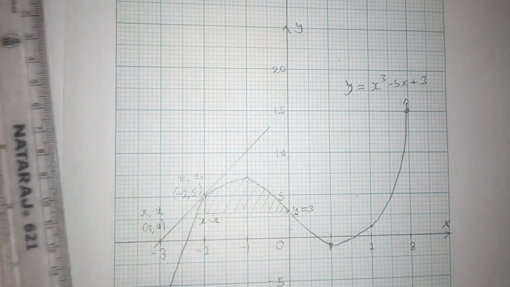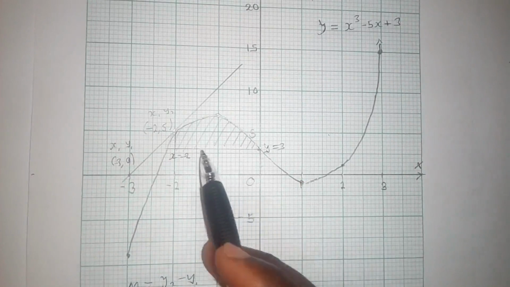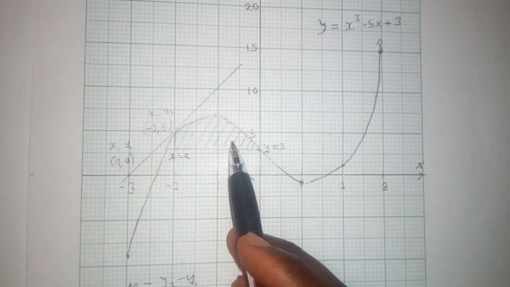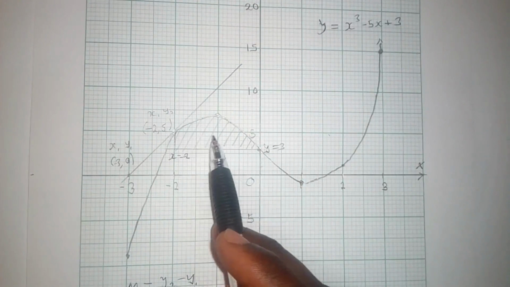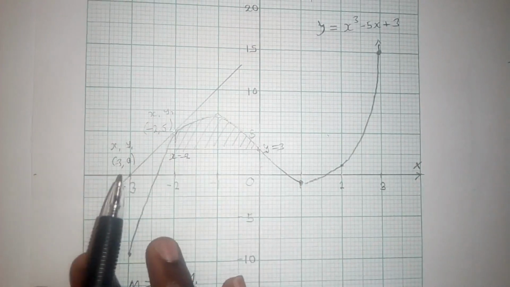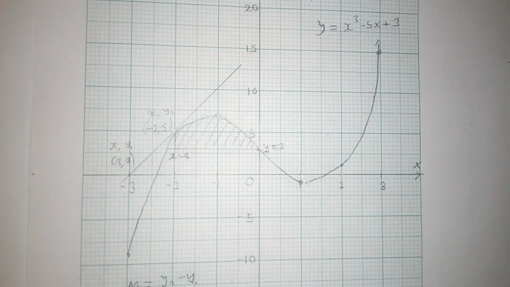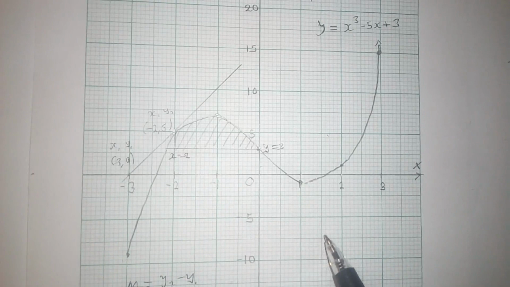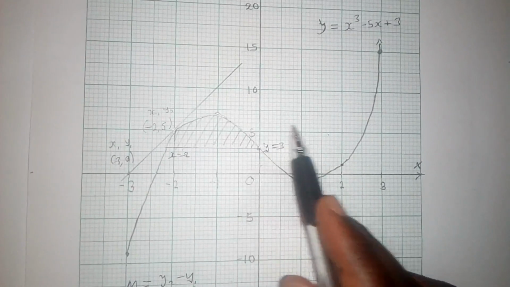All right, so now for us to find the area of this region, we need to use the shapes. So what shapes are we able to see? There is a triangle, and there are complicated shapes which are here. If the shapes are very complicated, what we do is we find the area of each box, this bigger box.